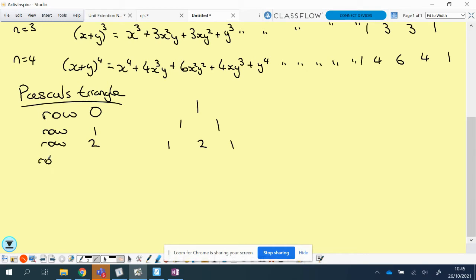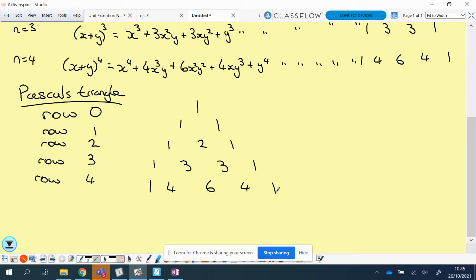Row 3 was 1, 3, 3, 1. Row 4 was 1, 4, 6, 4, and 1. So that's as far as we took it, to the 4th row.